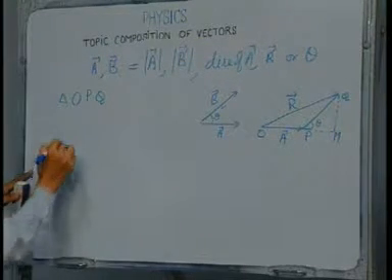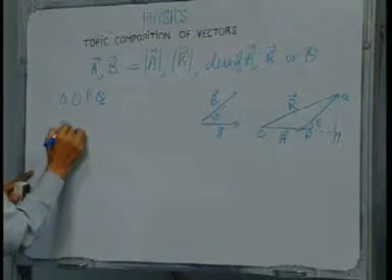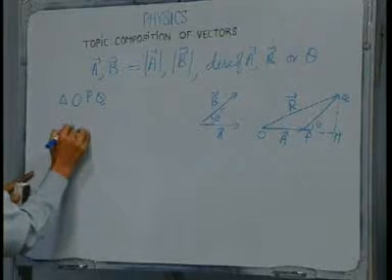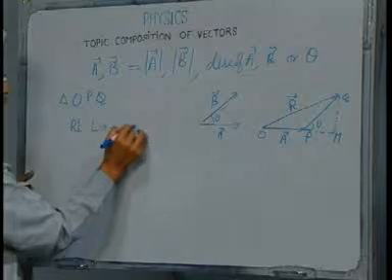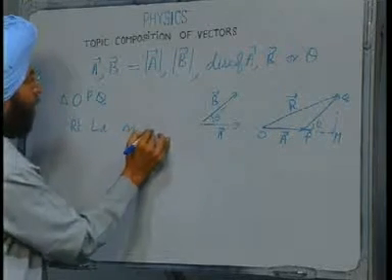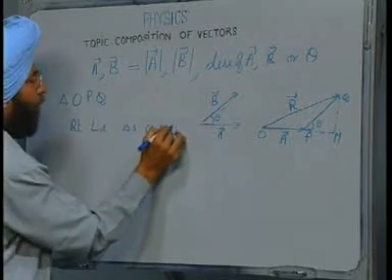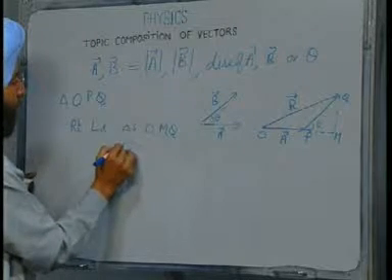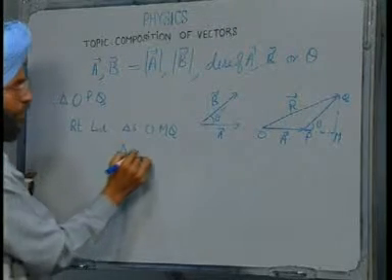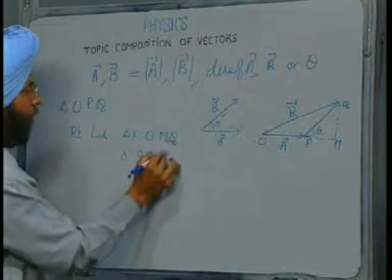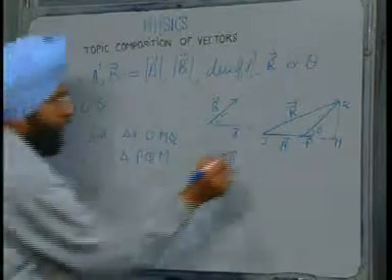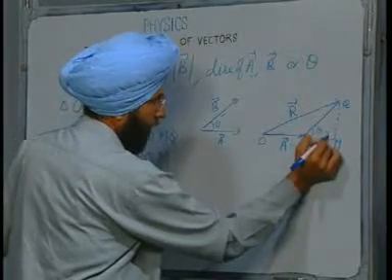Now, by construction we have two right angle triangles. One is OMQ, the other is triangle PQM. This angle is a right angle.